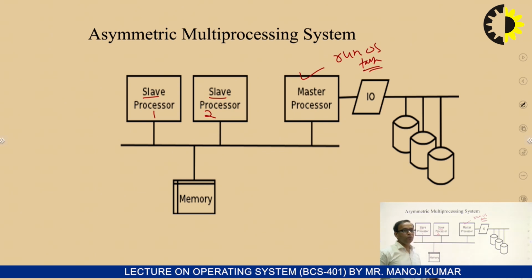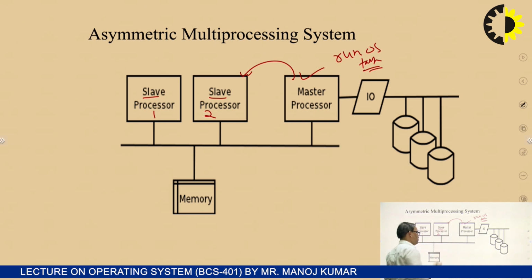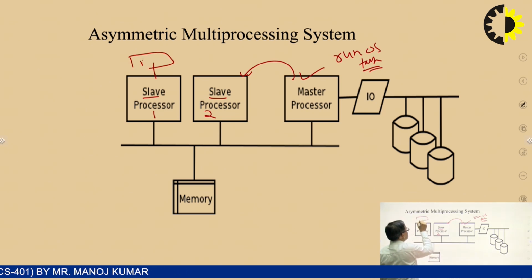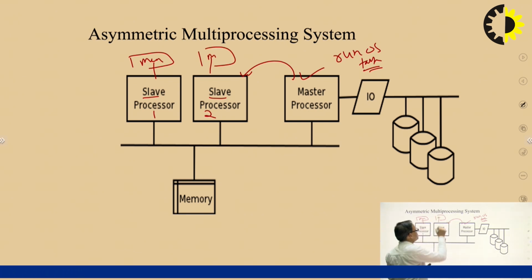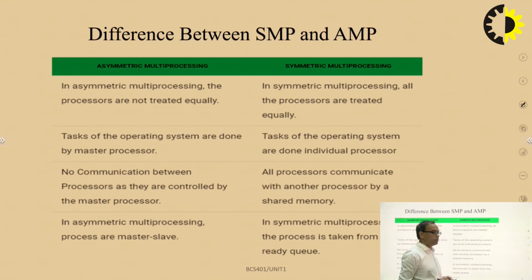Slave processors do the tasks assigned to them by the master processor. In asymmetric multiprocessing, each processor can also have its own memory. Memory can be shared, and each processor can also have its own memory. So this is asymmetric multiprocessing.